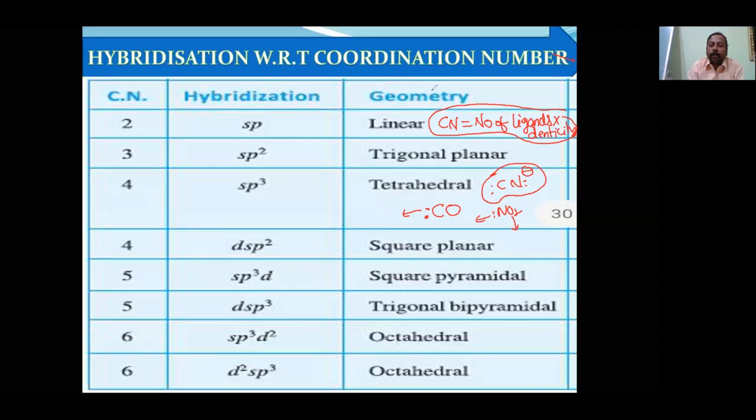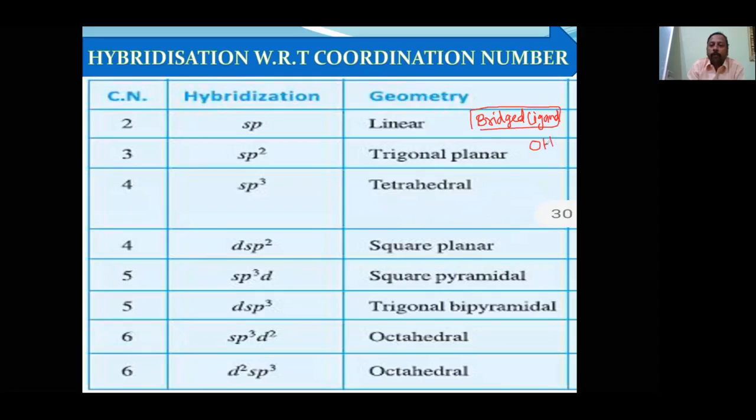So depending on denticity, they are divided into monodentate, bidentate, tridentate, tetradentate, flexidentate, then ambidentate. And there is one more special type of ligand which is called a bridge ligand. What is a bridge ligand? A bridge ligand is just opposite to the ambidentate ligand.